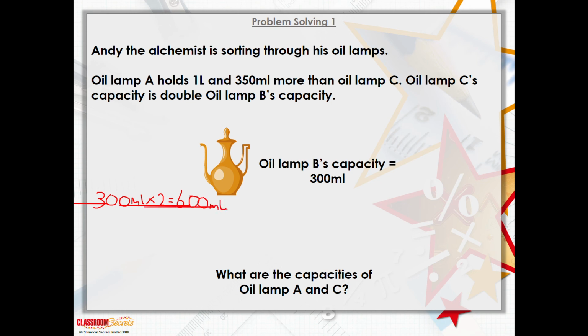So 600 millilitres is oil lamp C. I'm just going to put a little equals to C. And now we can work out A, because oil lamp A holds 1 litre and 350 millilitres more. So we now need to do 600 add 1 litre 350 millilitres. Pause the video now and have a go at doing that calculation.